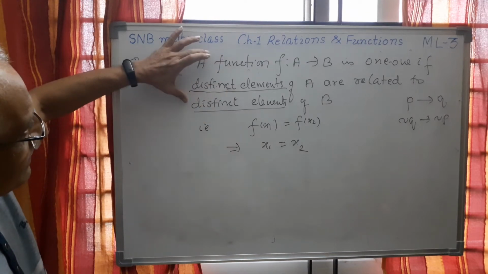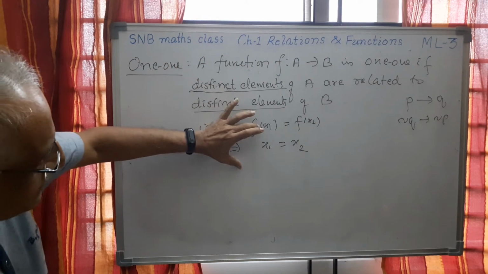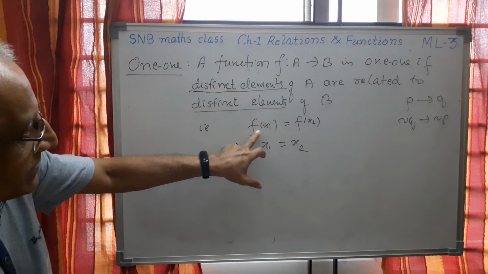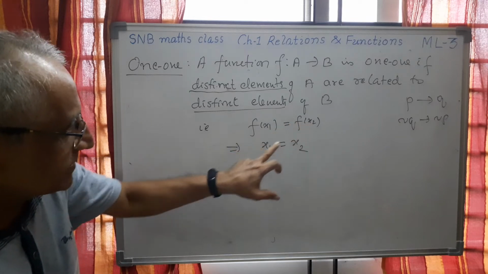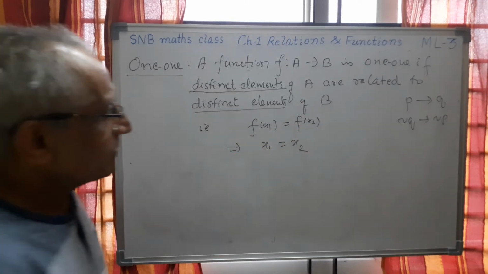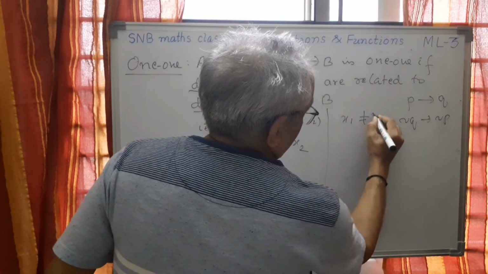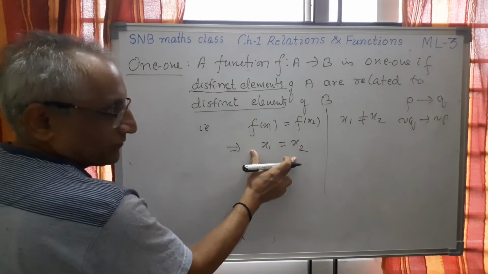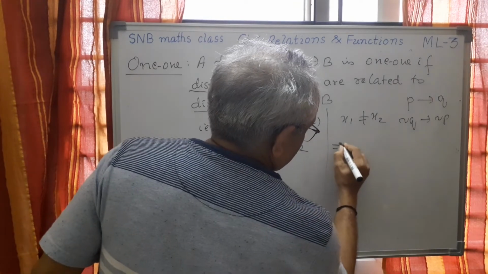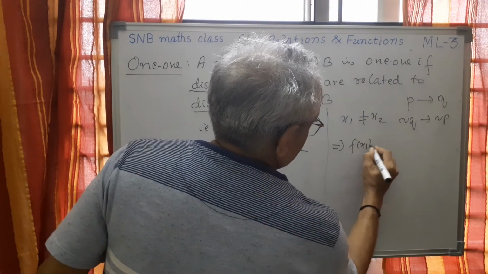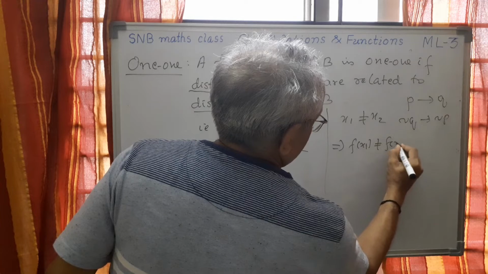I can logically represent this statement like this: f of x1 equal to f of x2 implies x1 equal to x2, or it is also equal to x1 not equal to x2, which is negation Q, implies f of x1 not equal to f of x2.